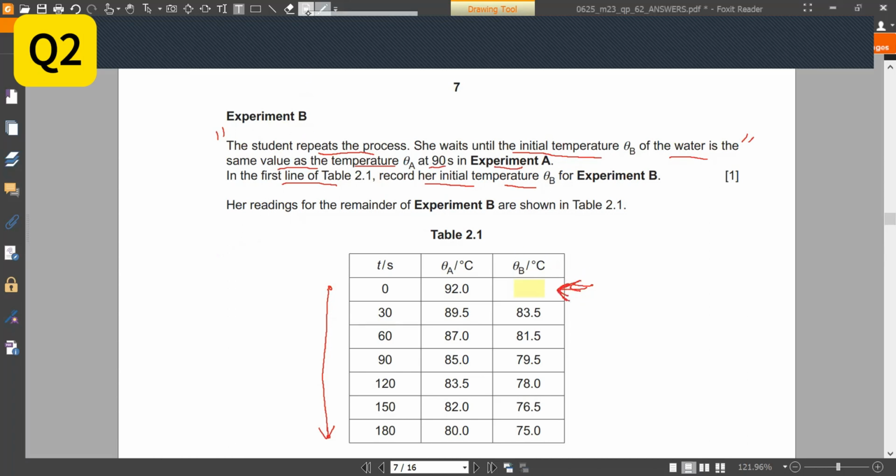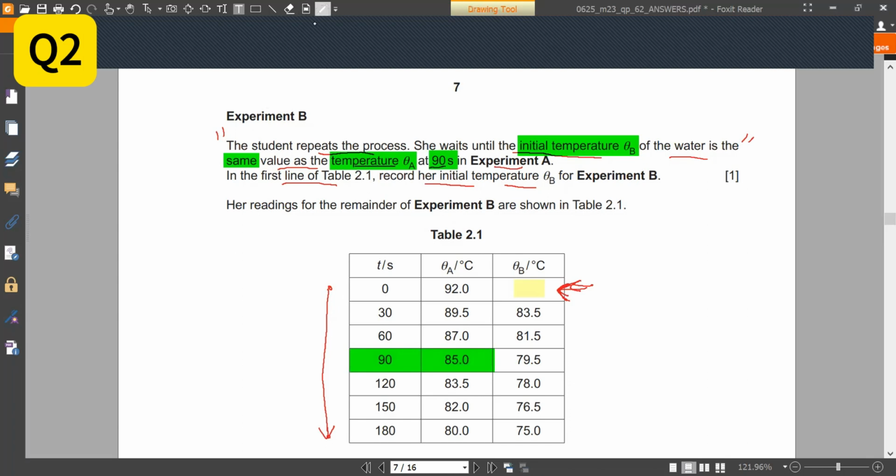The key word we need to pay attention to is the initial temperature for experiment B. It should be the same as experiment A, but not at 0. It's the same as at 90 seconds.